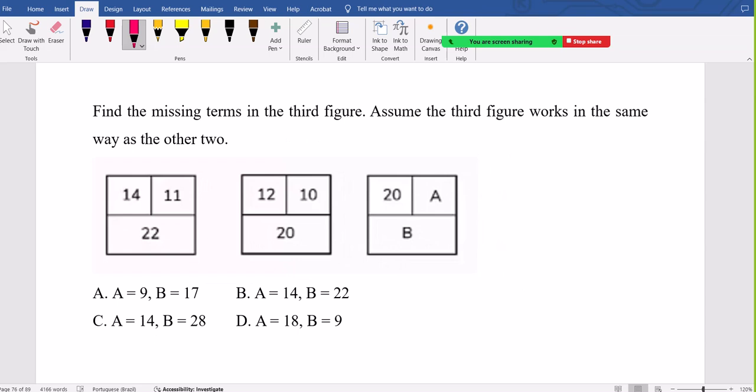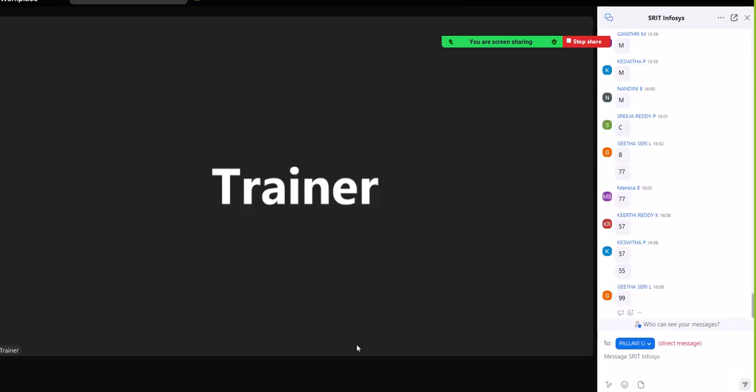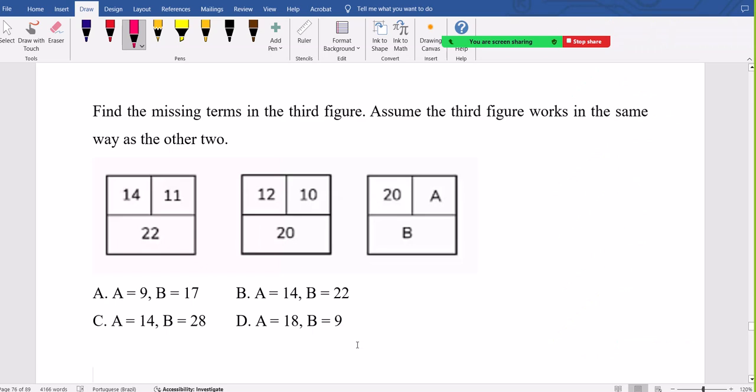What's your answer? It is XYZ, no? X plus 8 is Z. Y double is Z. You can see plus 8, here double, here also double, here plus 8.